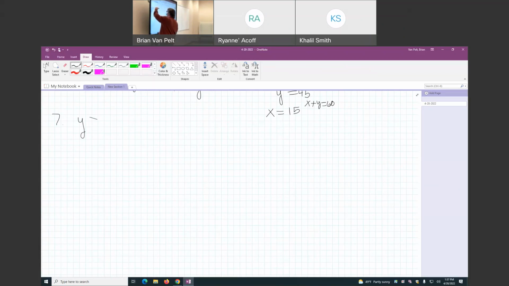We have y is greater than negative 3x minus 10, and then y less than 3x plus 2.